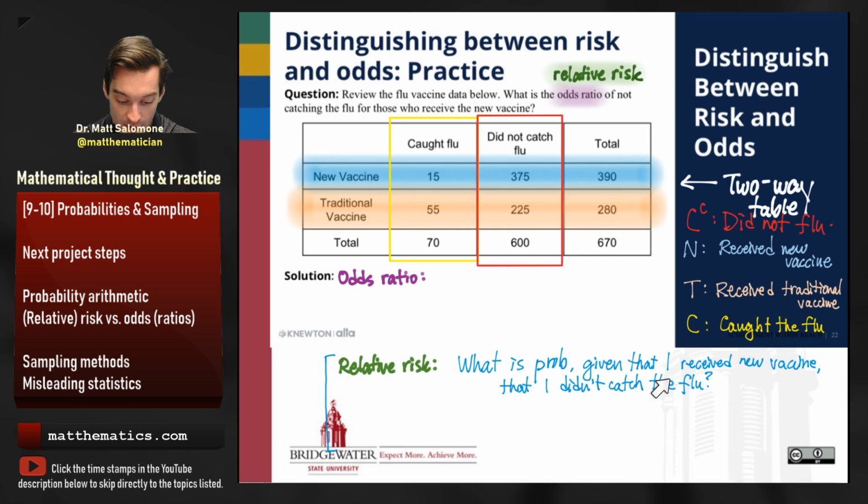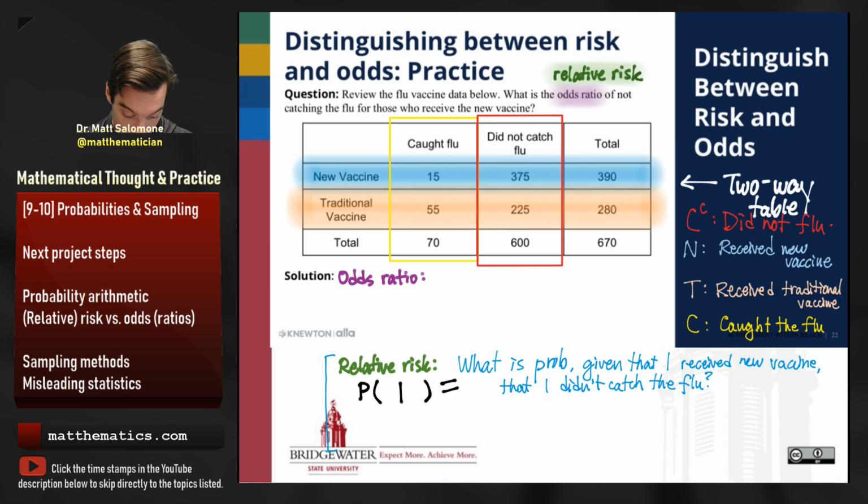And this is a conditional probability. We talked about conditional probability last week, right? Because of the word given, this is the watchword here. We know that this is a probability whose sample space is not the entire sample space of everybody in the study, but only the sample space of people who received the new vaccine. So it's a conditional probability that looks only at the row that has the new vaccine patients in it.